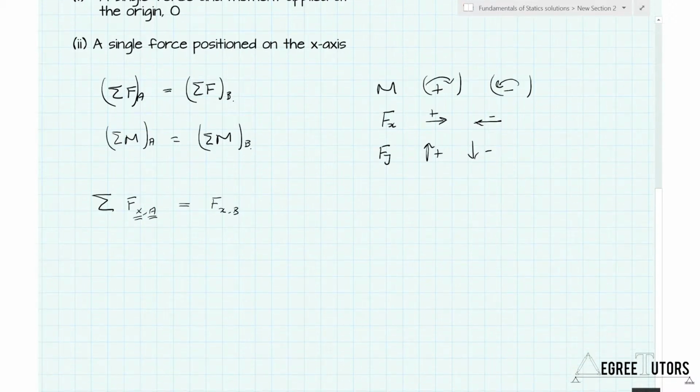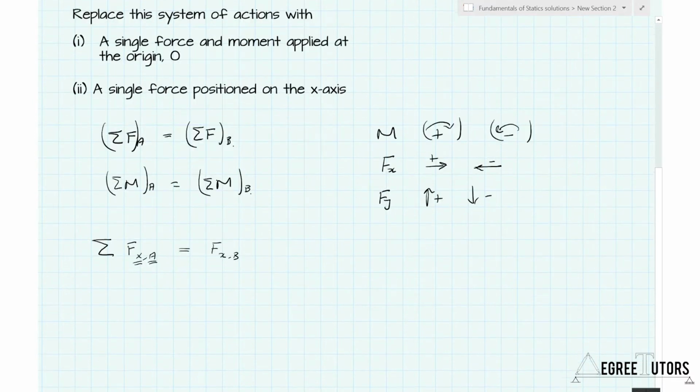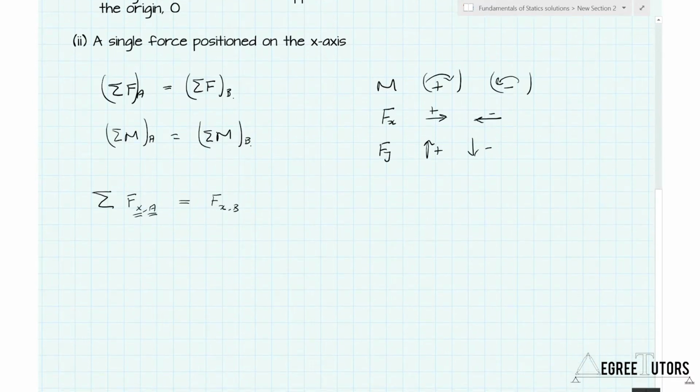So looking at the system of forces again, we're going to have to determine the horizontal component of each force. So we've got the horizontal component of the 75 newtons, the horizontal component of the 100 up top, the horizontal component of the 100 at 45 degrees down below. And we note that the moment out here has no effect on the force equation. Okay, so let's rattle through this fairly quickly. So what have we got?